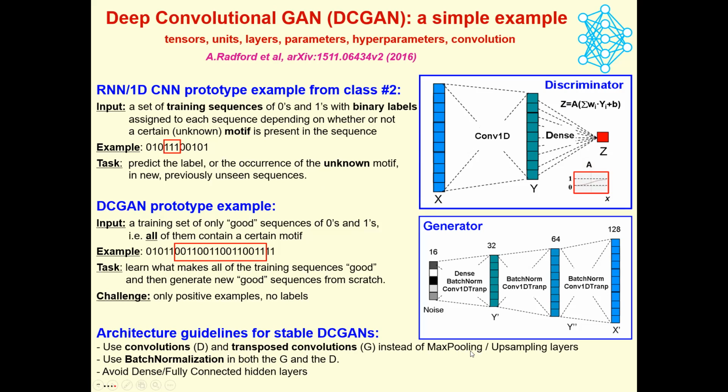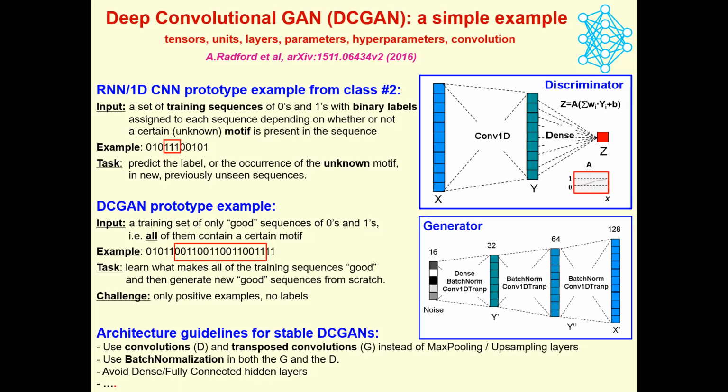Those layers were discussed in the first class. Use batch normalization layer, which is basically doing normalization of each particular tensor by making its mean value close to 0 and standard deviation close to 1, and avoid fully connected hidden layers in the generator.